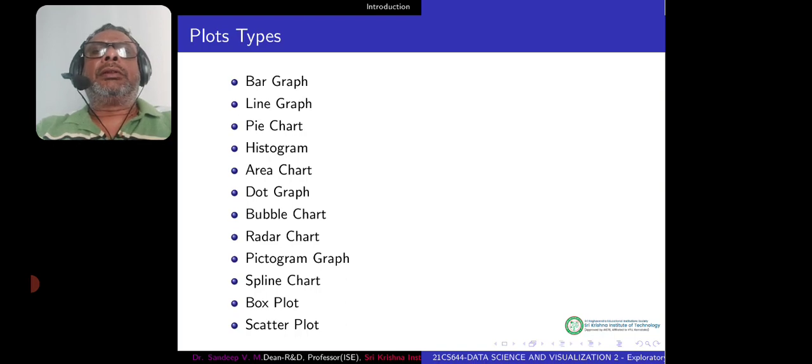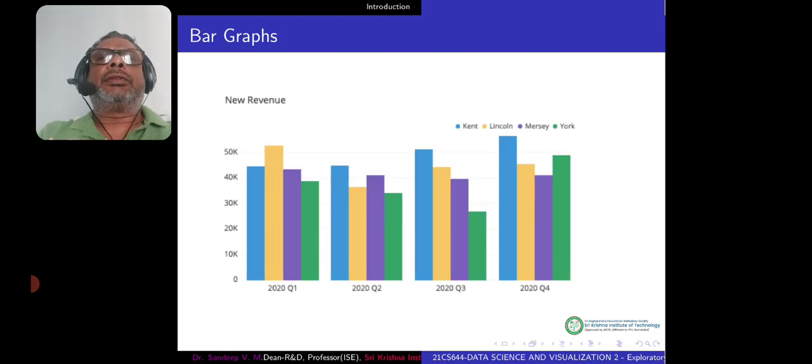Let's see various types of plots available. This is a list of a few of the plots available which are commonly used in data science. What these plots are, why they are required, when they will be used, and all the details we will see one by one. So first, let's start with the bar graph.